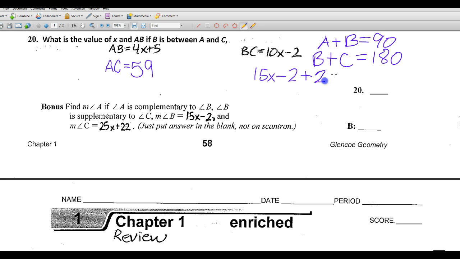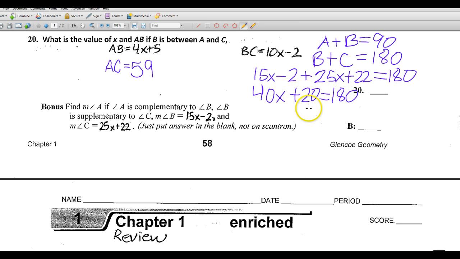Plus C, which is 25x plus 22. So combine your like terms. Subtract 20 from both sides. Divide both sides by 40. And X is equal to 4.